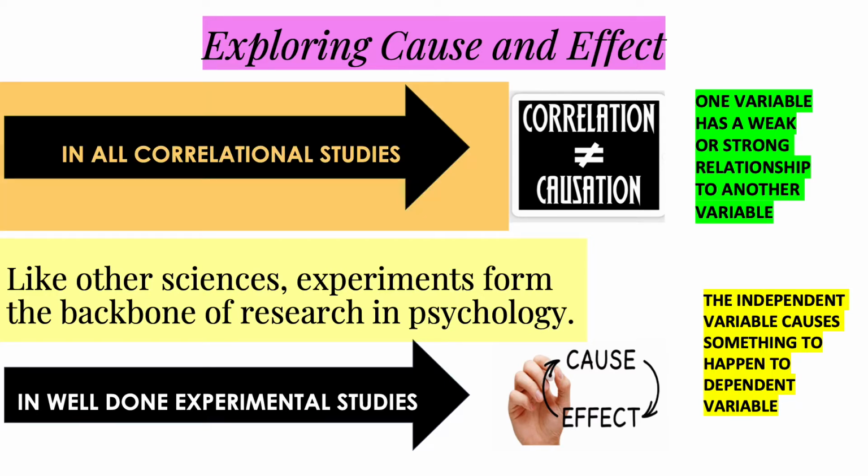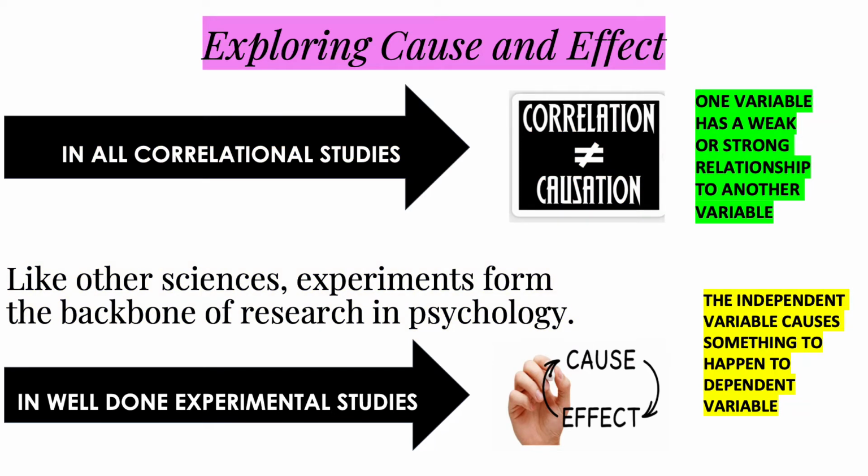And in correlational studies, correlation does not mean causation. One variable has a weak or a strong relationship to another variable. And I've been telling you, don't use the term one thing causes the other thing, right? Because you will have a botched correlational study. Your study will be botched because one thing does not cause another thing. There could be a third variable.